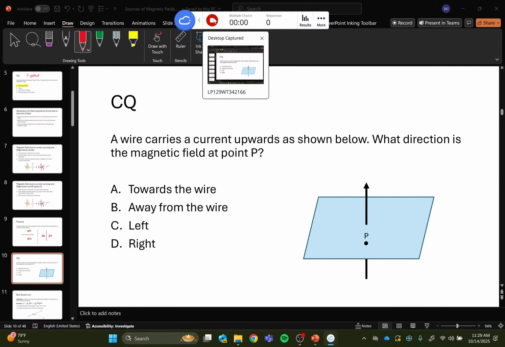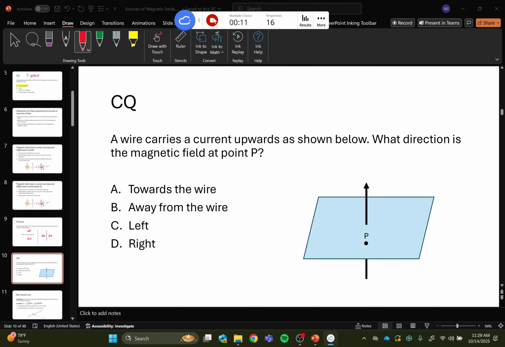So I've given you all a current carrying wire, and I drew a flat plane that intersects it so we can actually get the answer here. I have a wire going straight up, and I have a point that's quote unquote out of the board, more towards you all. It's a point in front of the wire. Is the magnetic field at that point towards the wire, away from the wire, left or right?